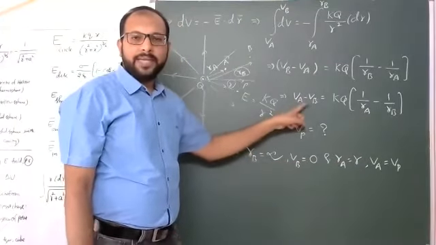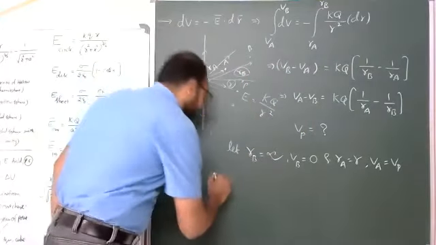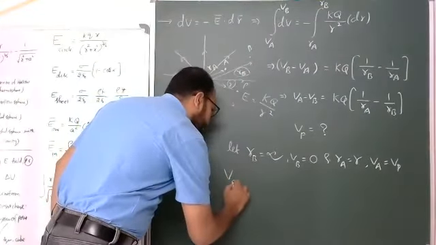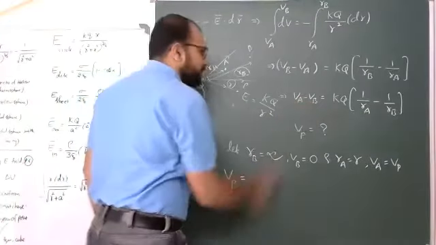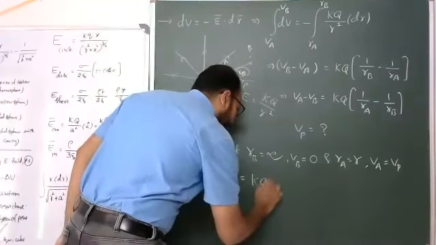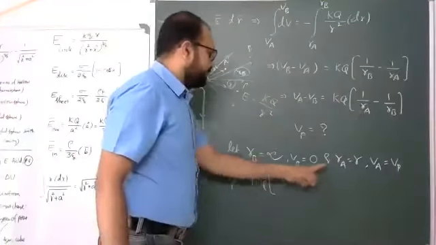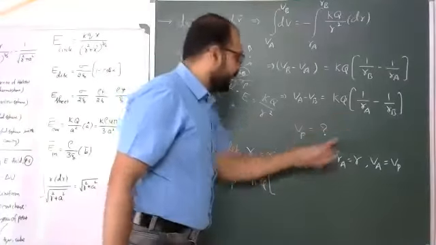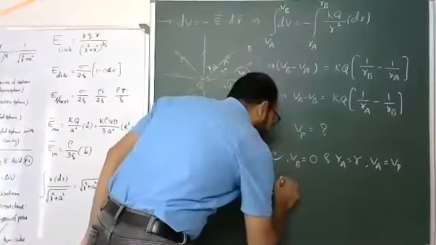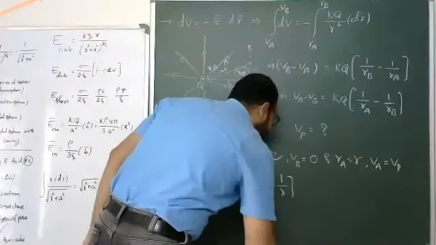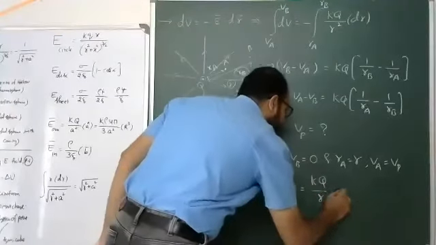So VA minus 0, that is VA, is the potential at point P. Therefore, potential at point P equal to KQ into, RA is r, but RB is infinity, 1 by infinity is 0. So 1 by r, KQ by small r.